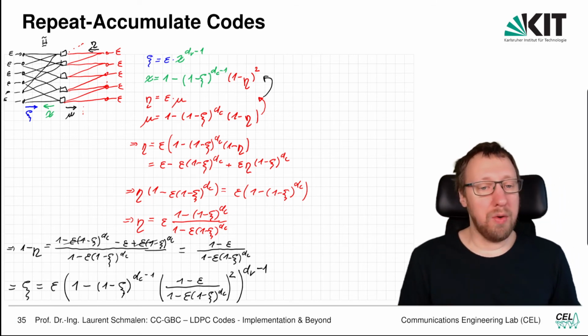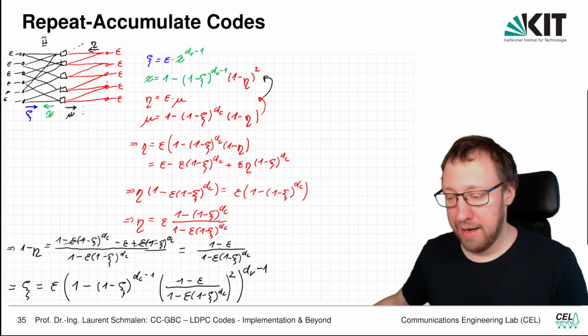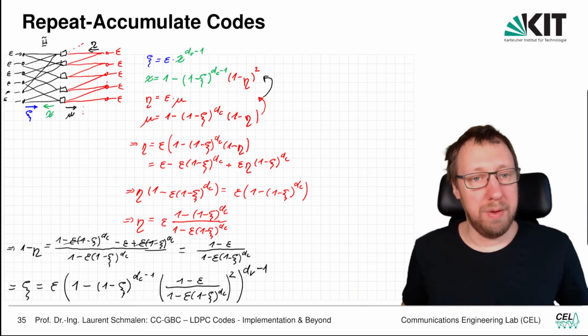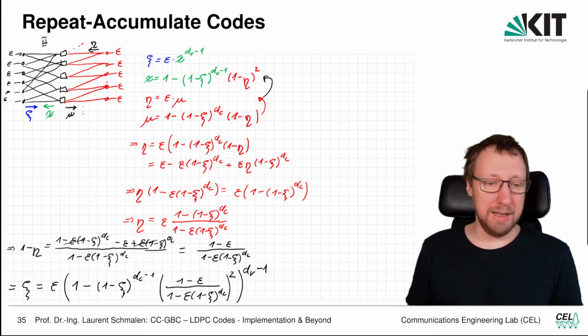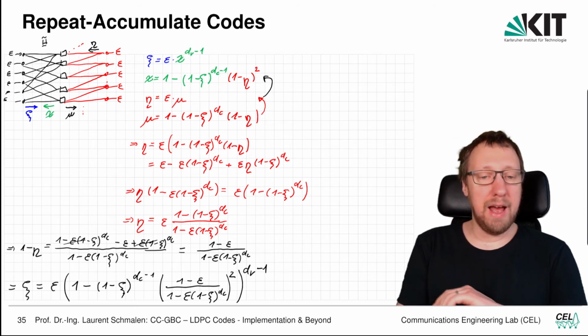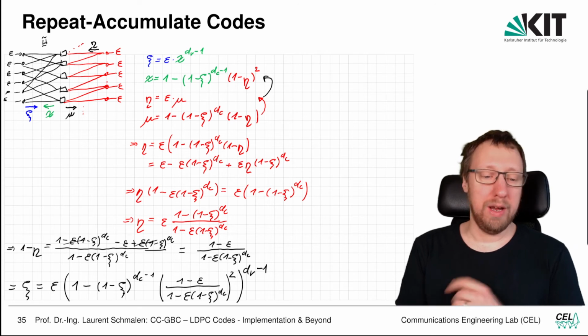So this is how you can extend the analysis essentially to repeat accumulate codes. It's a little bit more complicated, but it's still something that can be done and that we have been doing.